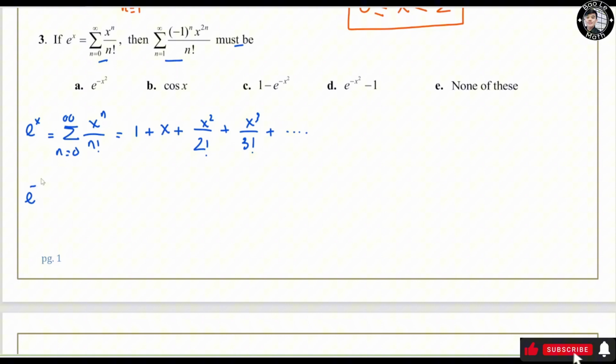Now e to the negative s squared. So we just replace s with negative s squared.